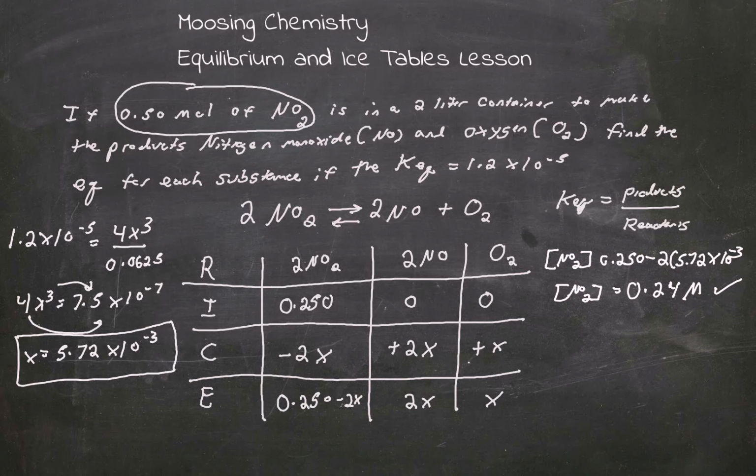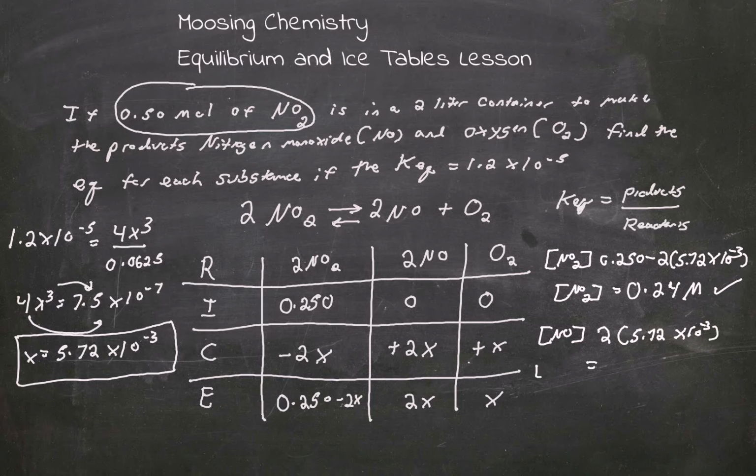Okay, so now let's do it for our NO value. So we go NO, and our E value for NO is 2, right, times that number, which is 5.72 times 10 to the negative third.